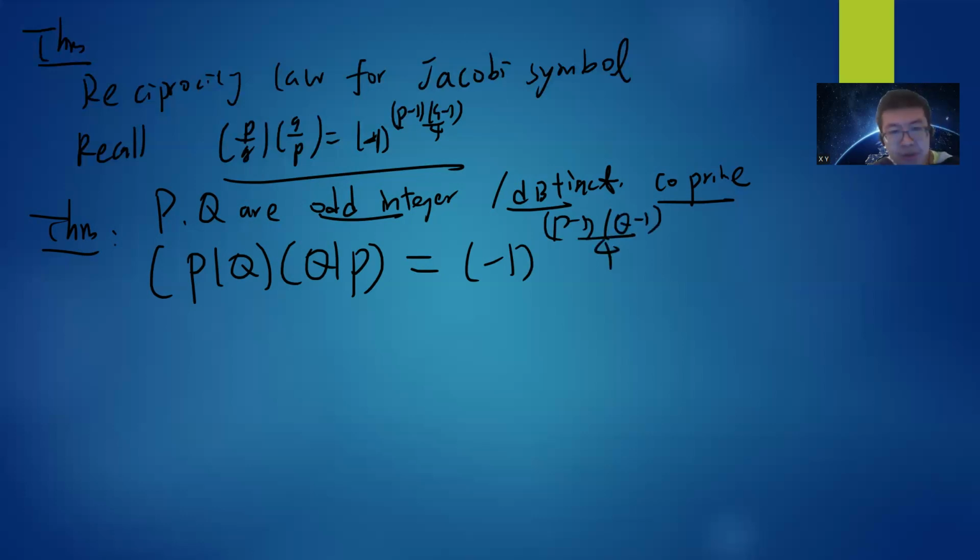This means that the Jacobi symbol has the same reciprocity law as the Legendre symbol. The proof basically goes as follows. You can write p as p_1, p_2, up to p_m, and q equals q_1 up to q_n, and these are all primes.